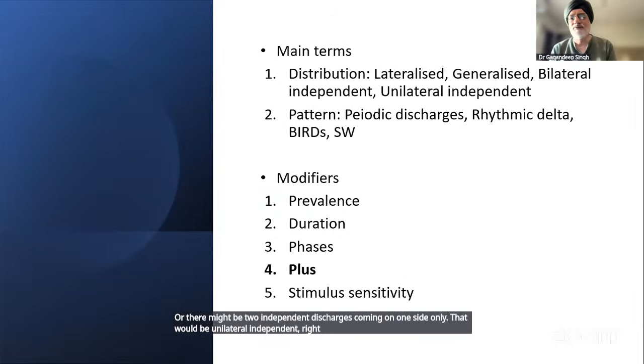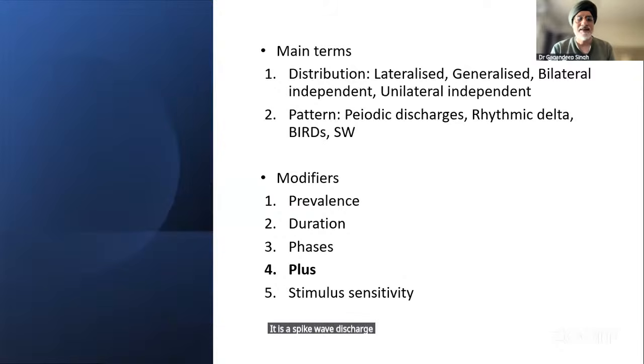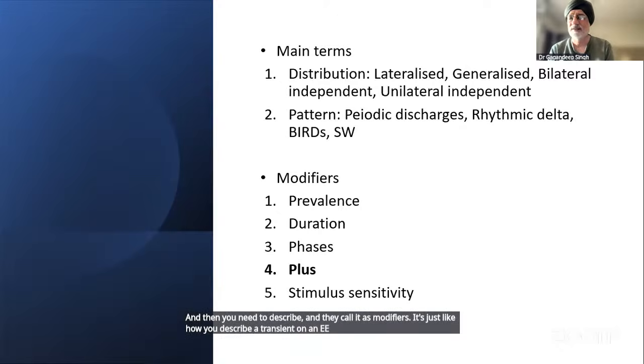And then they have to follow a pattern. Either they are periodic discharges, rhythmic, slow, they're BIRDs, or it is a spike wave discharge. And then you need to describe, and they call it modifiers. It's just like how you describe a transient on an EEG. So the prevalence, are they continuous, more than 90%? Are they abundant?